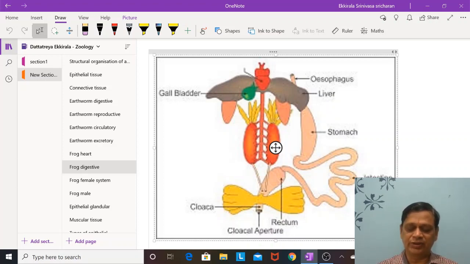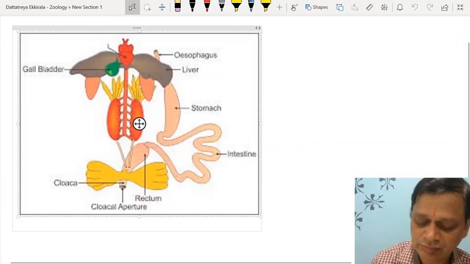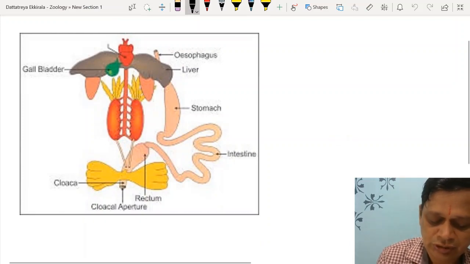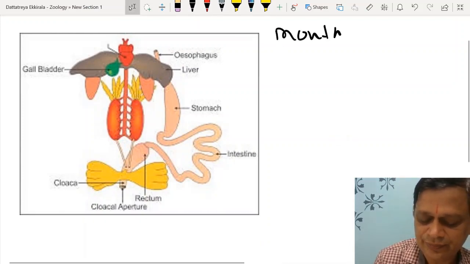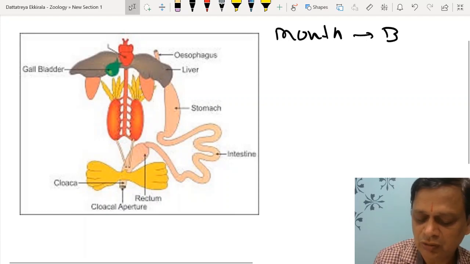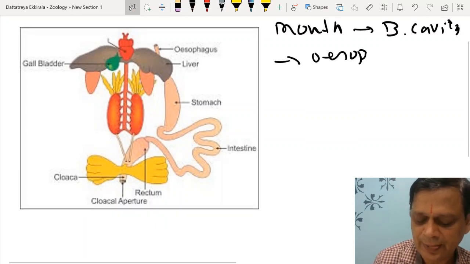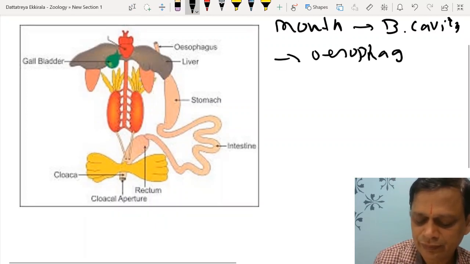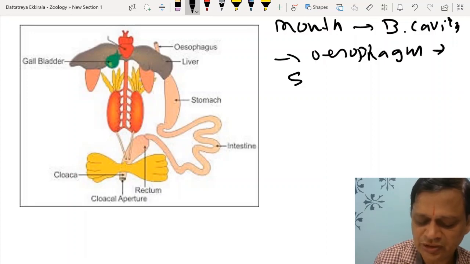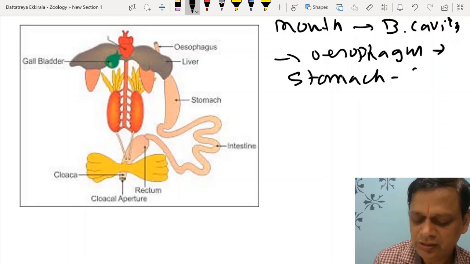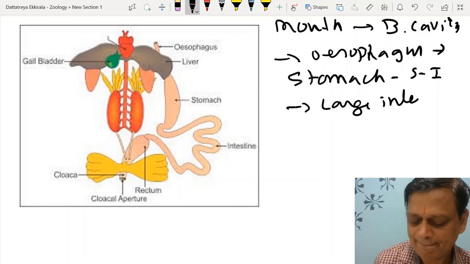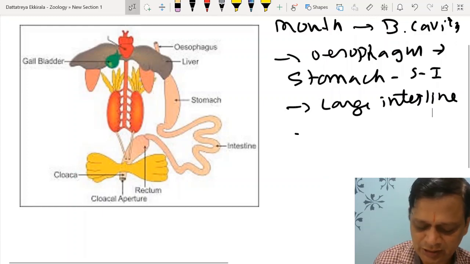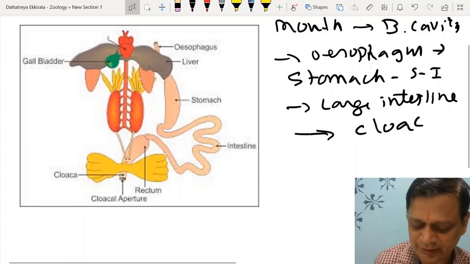Now it starts with the mouth, buccal cavity. So first part is mouth, then buccopharyngeal cavity, next esophagus, after esophagus stomach, then small intestine, then large intestine, and then opening out by cloaca.